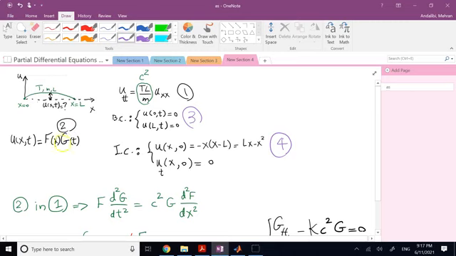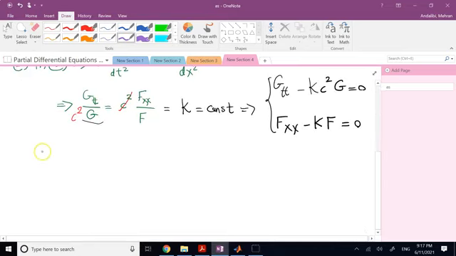For example, if you apply 2 into 3, what happens? U at 0 and t means what? Means f at location 0, g at arbitrary time t is 0, correct? So let's plug in 2 into 3, see what we get.